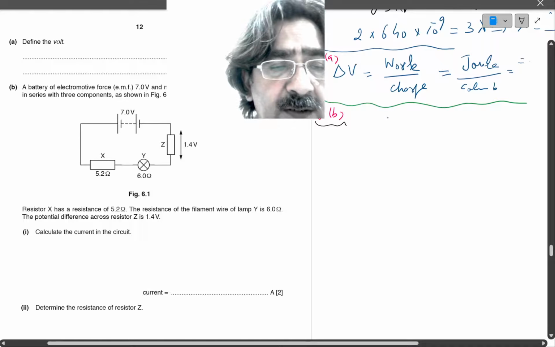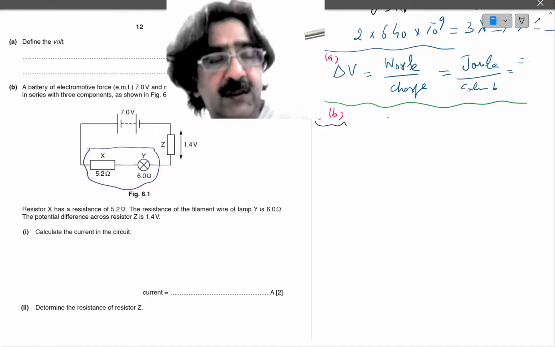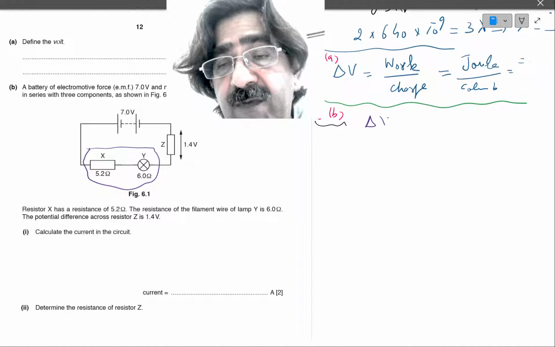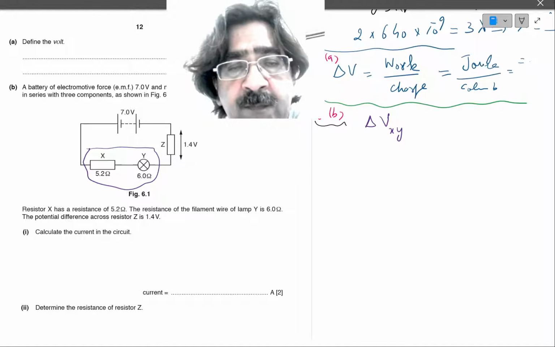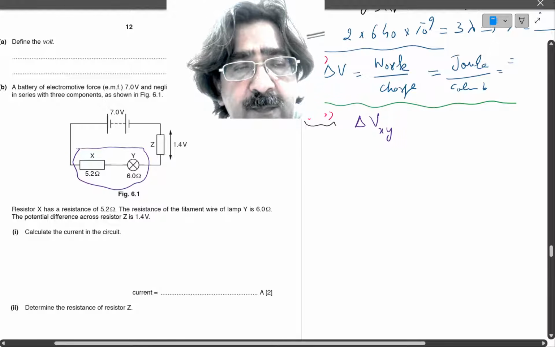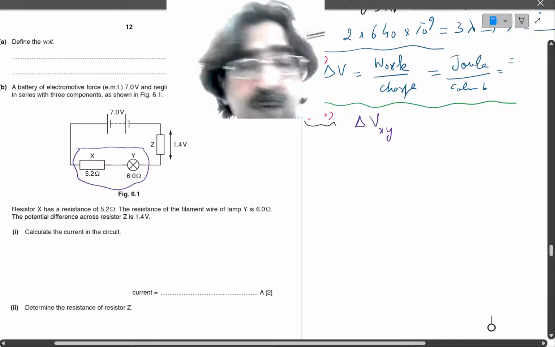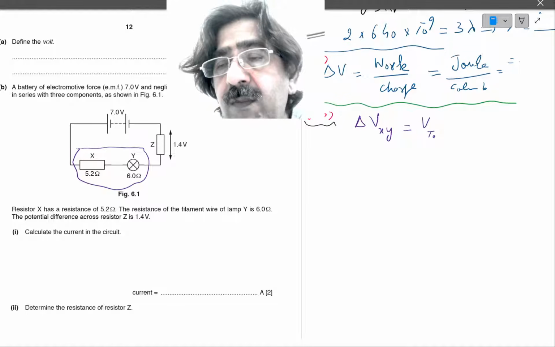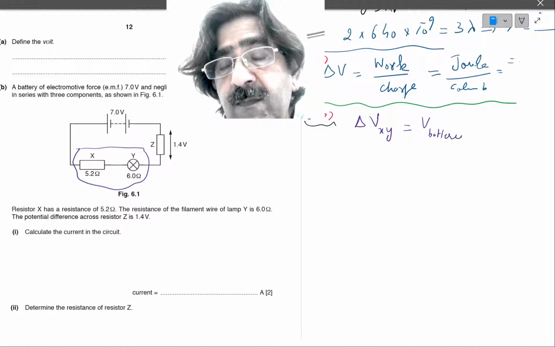We have to consider this. We don't know the voltage across X and Y both. Because voltage is dropping in Z, the voltage across X and Y will be equal to V total, the battery voltage, minus VZ.